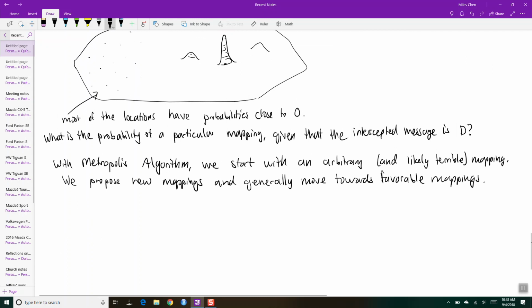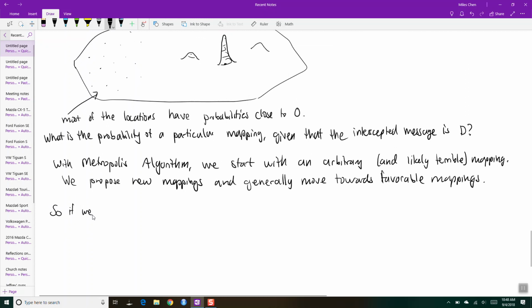And so if we let our algorithm run long enough, eventually what we end up sampling will be mappings that are either the correct mapping or something similar to the correct mapping, right?